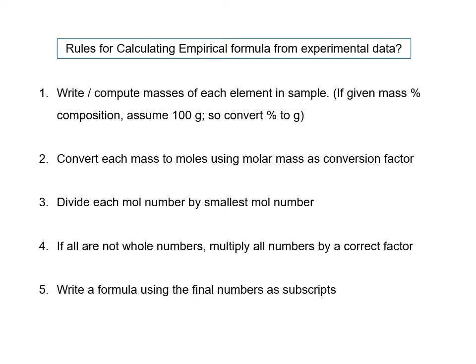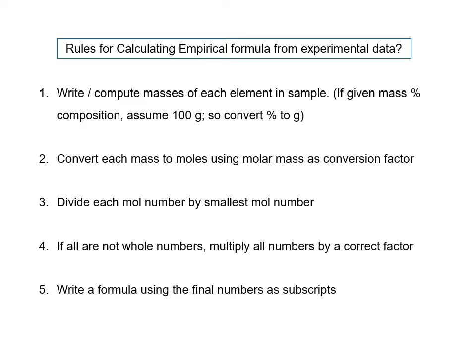It's okay to assume 100 grams of sample because remember, we're looking for ratios. And so it'll still give us the ratios if we just assume there's 100 grams of sample. So if we assume there's 100 grams of sample, all we do is just convert the percentage into grams. And then we're going to convert each of the masses to moles using the molar mass as a conversion factor.